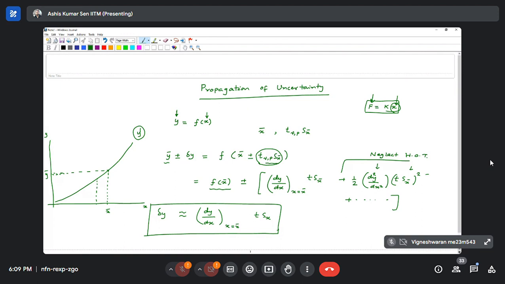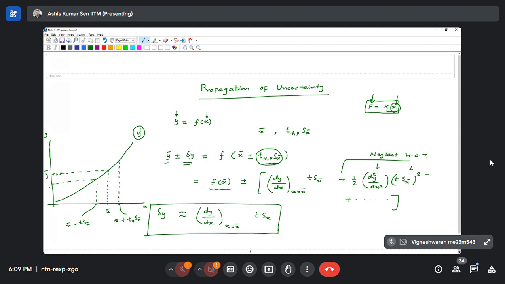So you can have, on this side, x bar minus t s x bar. On this side, you'll have x bar plus t s x bar, right? So accordingly, your y will have plus minus delta y.